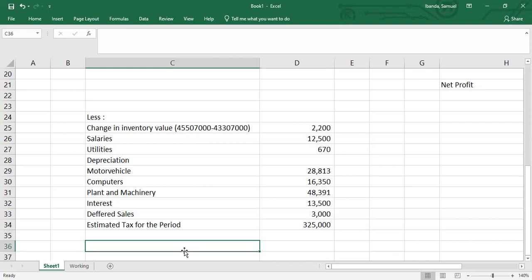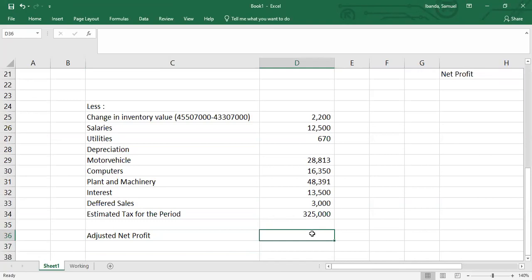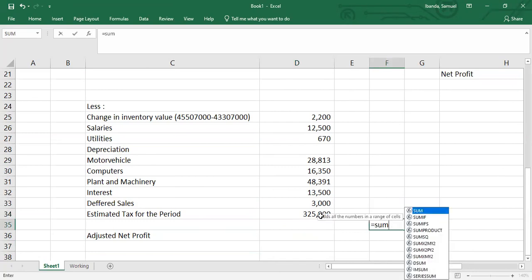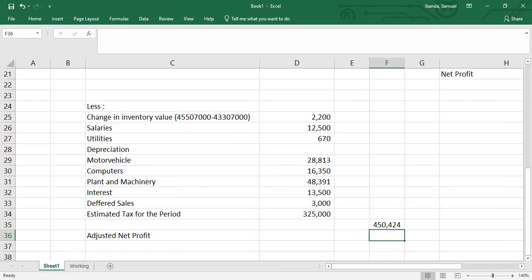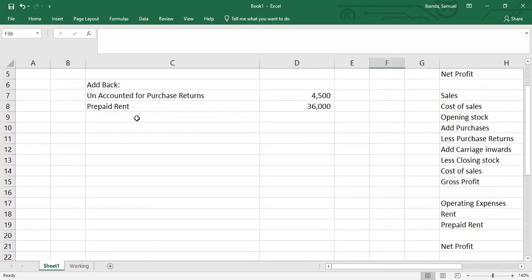Once I'm done, I'll now get my net profit called adjusted net profit. Okay, before that, let me just get the summation of whatever I'm deducting. So I'm deducting this summation of 450. Then I'm also adding back only 2 items of 4, 5, and 36.